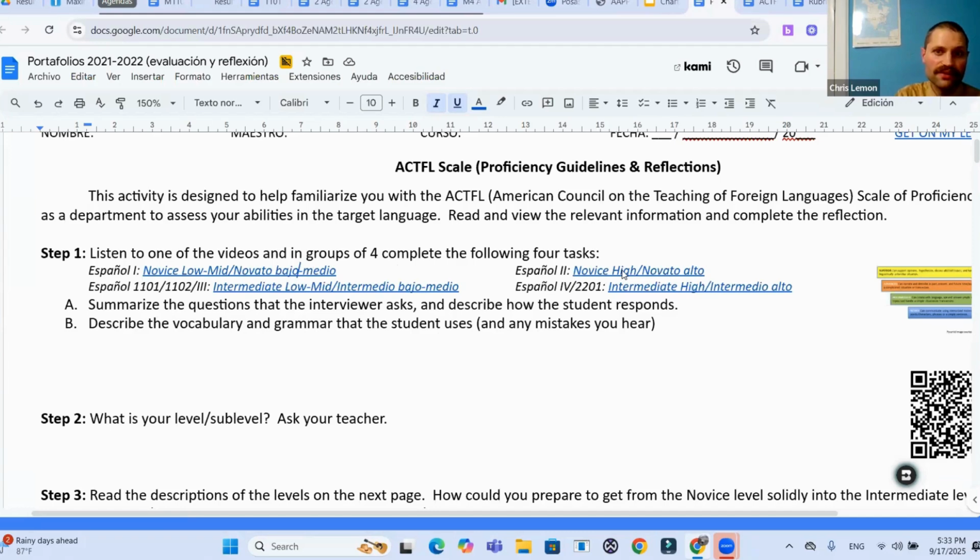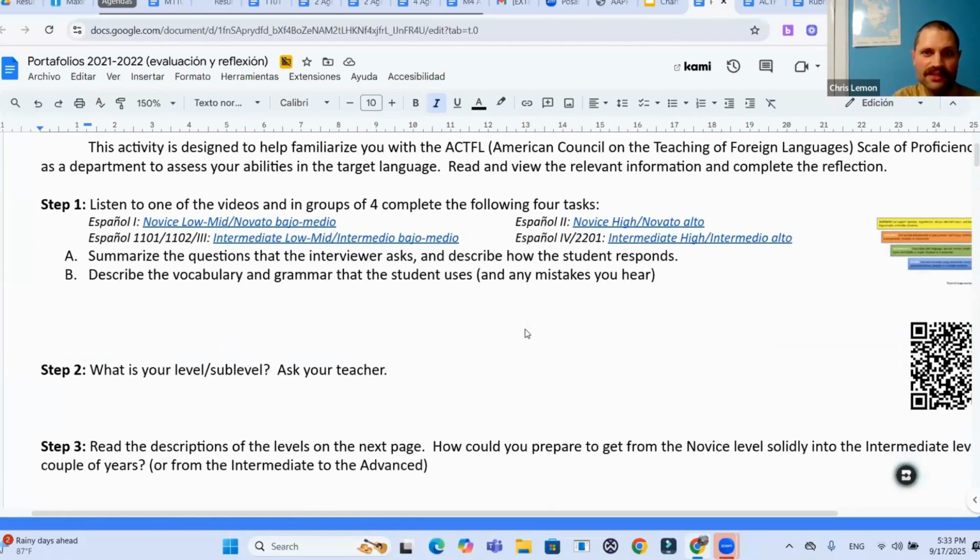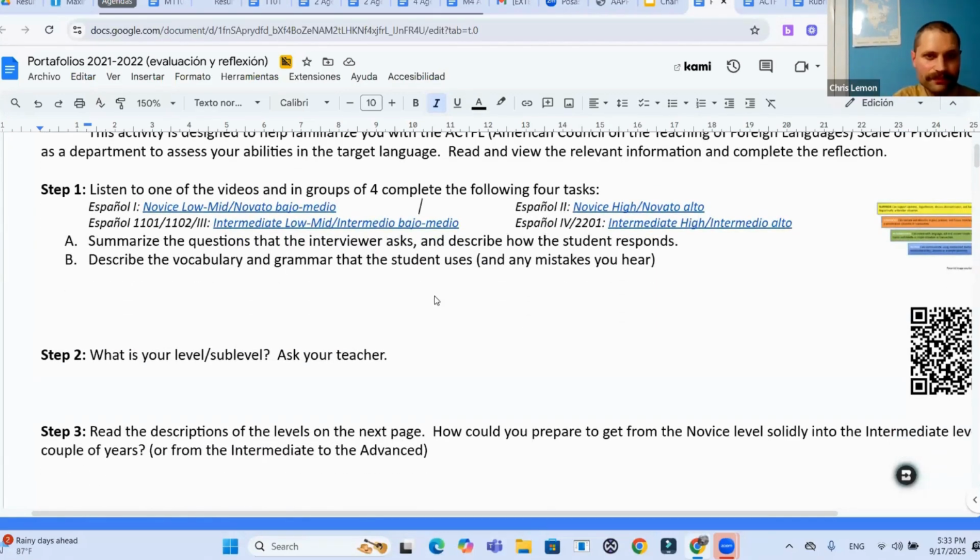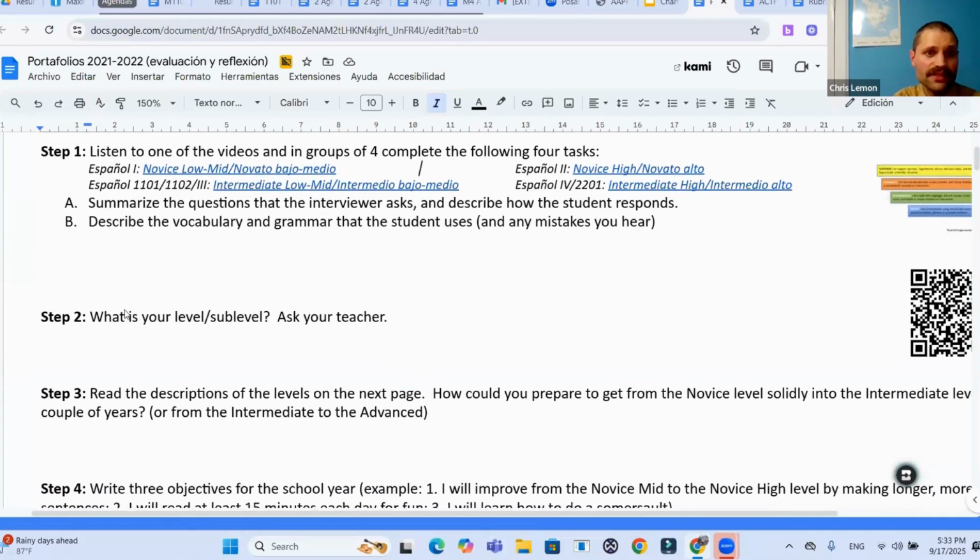But the gist of it is, at the beginning of the year, before we've really even done anything, I will present to my students samples of speakers at the level that I expect them to get to by the end of the course. It gives them a chance to see and hear. And also then I'll do a diagnostic test and give them an idea of about where they are coming in.